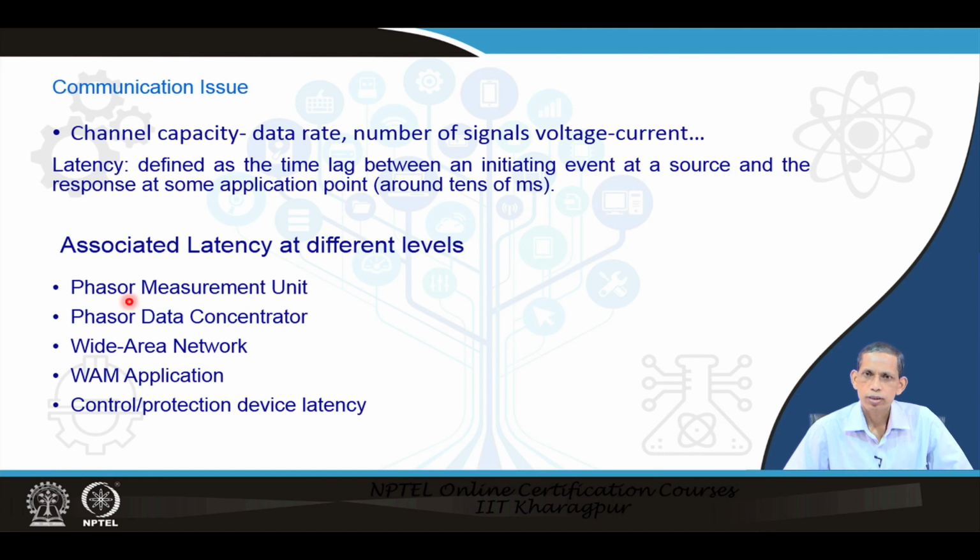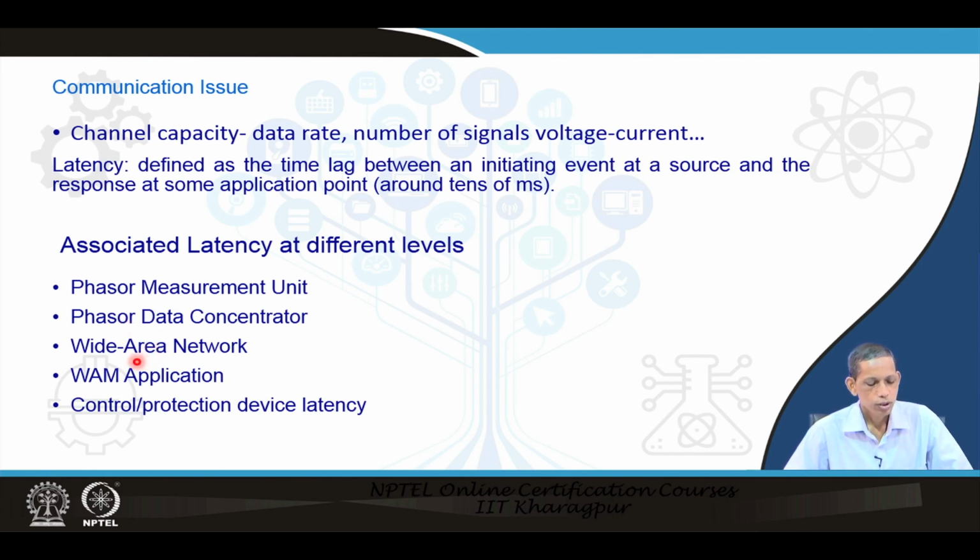The phasor measurement unit does the calculation process and acquisition of data, and the PMU also sends and reports data. So, therefore, there is associated latency also. The phasor data concentrator aligns the data, collects data, and then again sends the data to the next level of destination.